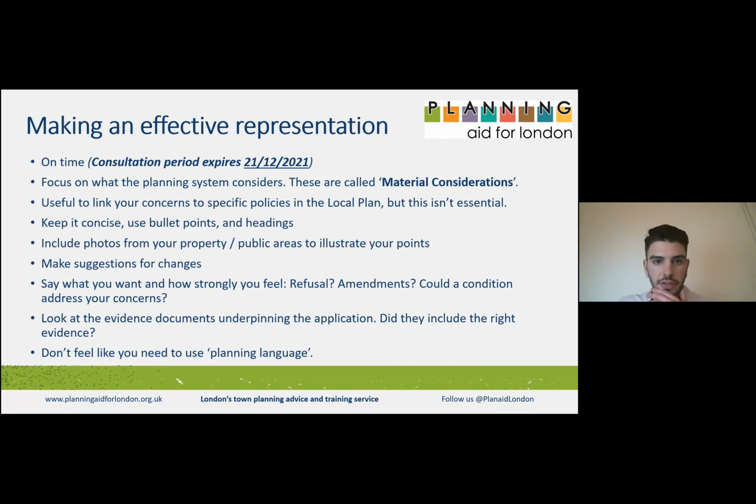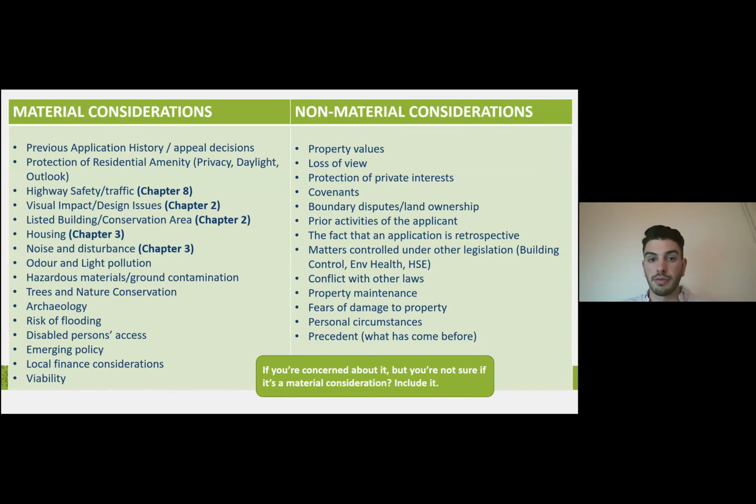Going back to point two, material considerations, in terms of the things that the officer would consider, you've got the left-hand side of your chart. So you've got previous application history. I don't believe there is any on this site, but it's good to consider previous discussions that you've had or what was taken from previous meetings. Look at protection of residential amenity.